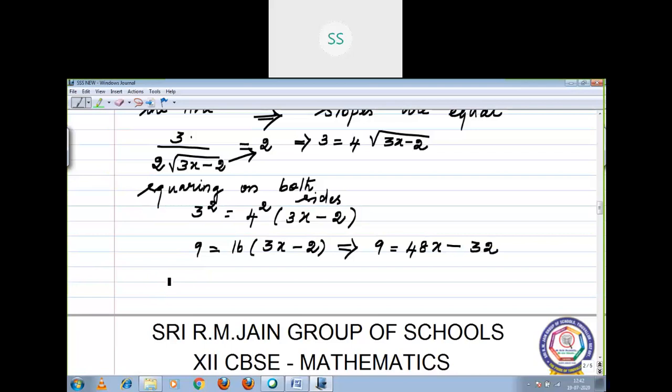Then 32 plus 9 equal to 48x implies x is equal to 41 divided by 48. Then substitute the x value in the curve equation.